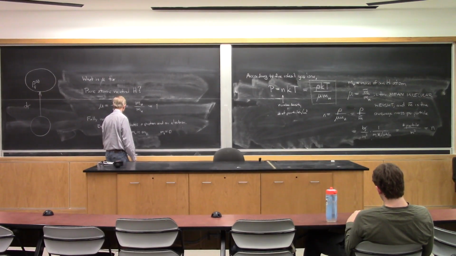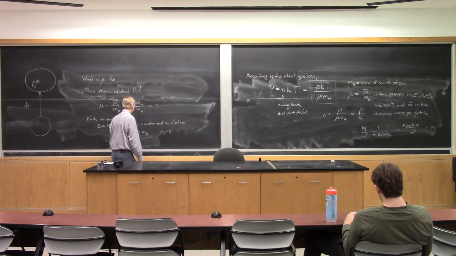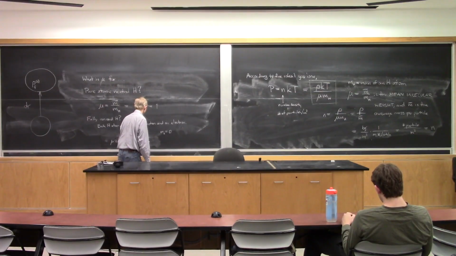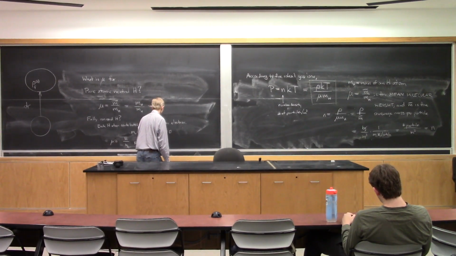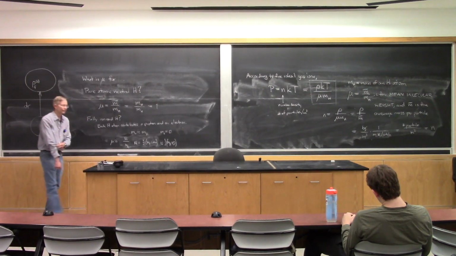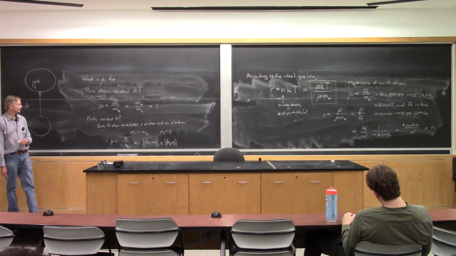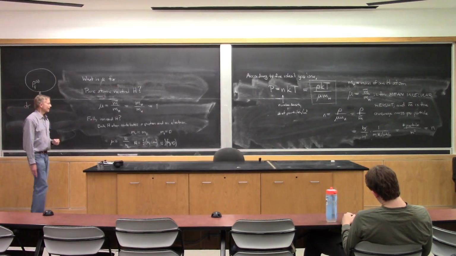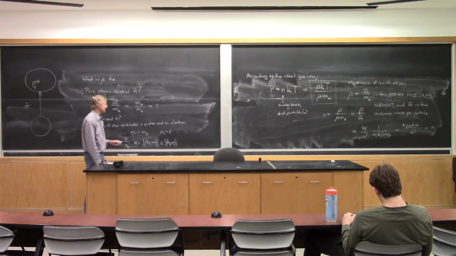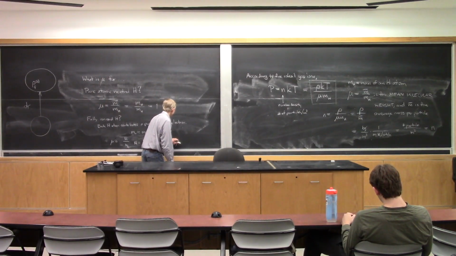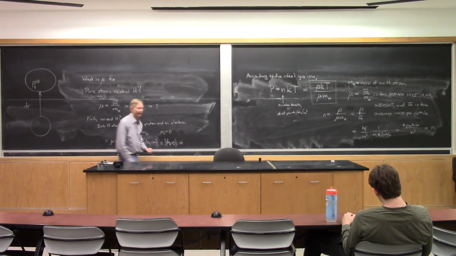It's m bar over mh. And m bar here is really 1/2 times the mass of a proton plus the mass of an electron. But that's approximately 1/2 the mass of a hydrogen atom plus 0. I'm trying to find the average mass of a proton and an electron. The proton has the mass of a hydrogen atom to a good approximation. The electron is essentially zero mass.